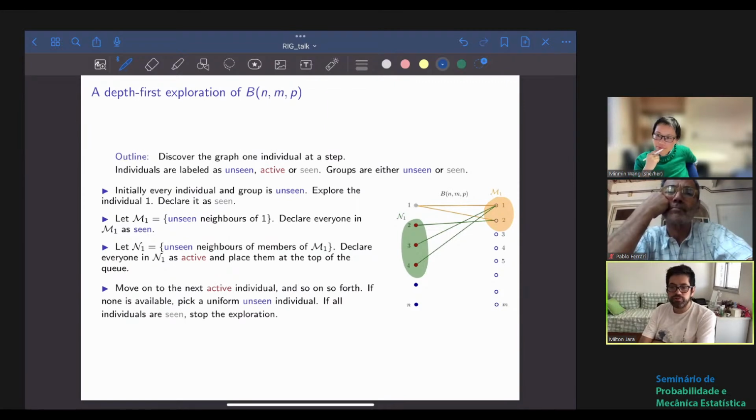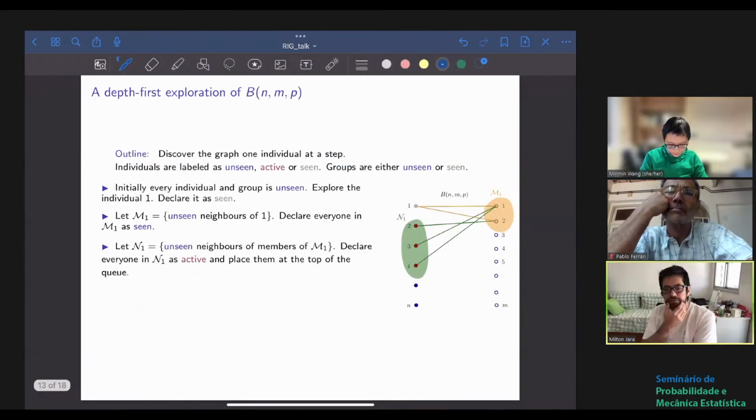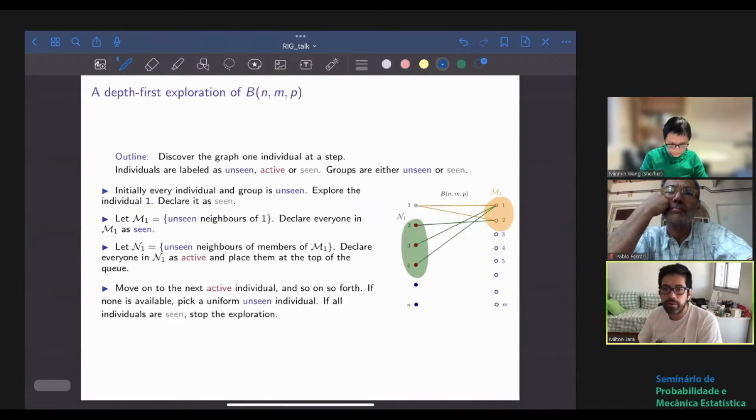And another question. You mentioned that at the end of the day, your limiting graph is okay. You were saying something about the random encoding.